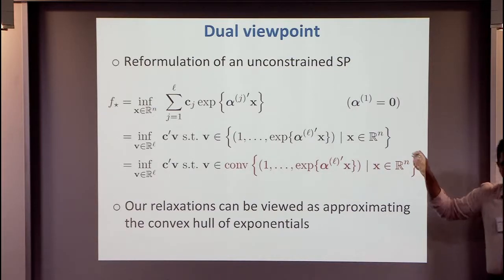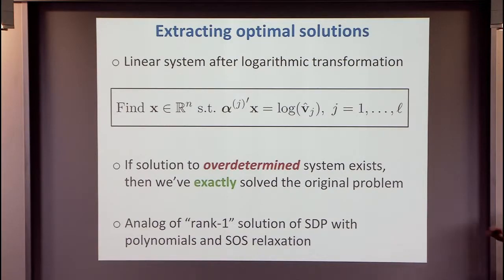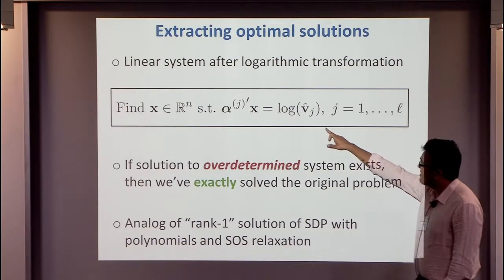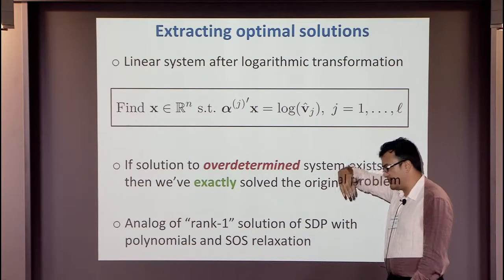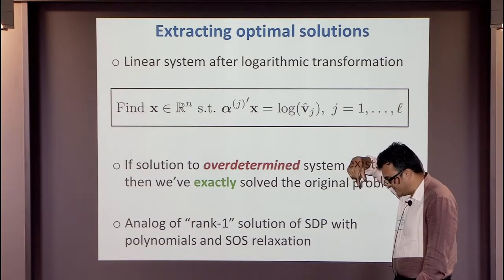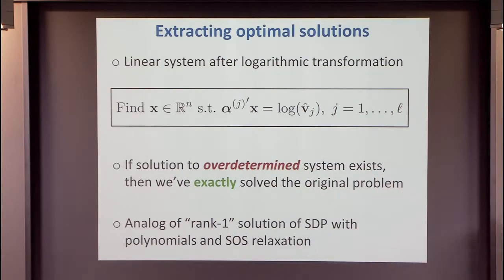Okay? And that's exactly described on the slide. You get an optimal V after solving this relaxed problem. You take logarithms because of this collection of exponentials, and you ask that it satisfies an overdetermined system of linear equations. And if it does satisfy this, then you've exactly solved the original problem.